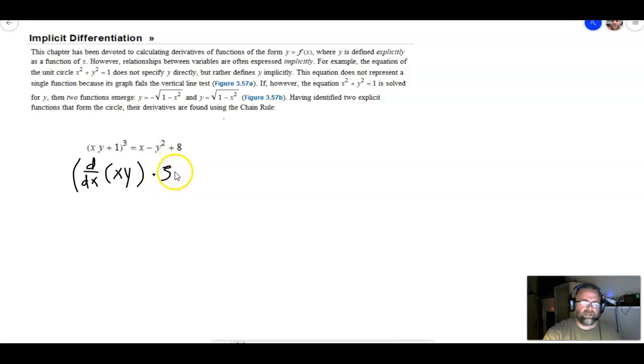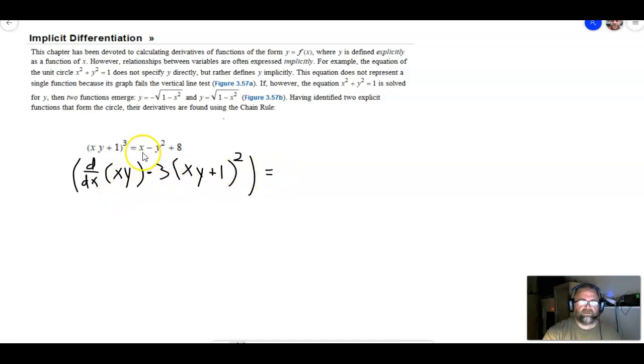So that would be 3, times, and our u is just the inside function here, xy plus 1, raised squared. So this is just that term there on the left, and I still need to do this xy, and I'll go ahead and do that off to the side.